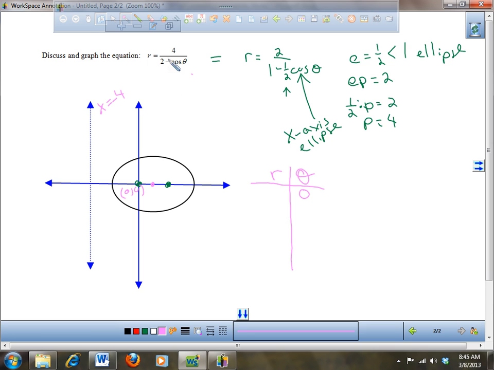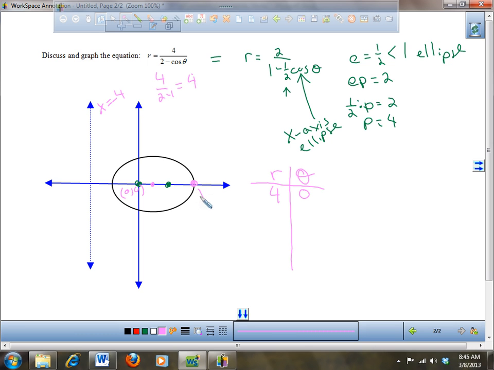When I plug in 0 in here, I get 4 over 2 minus cosine of 0. What's the cosine of 0? 1. So I get 4 over 2 minus 1, which is 4. So on this graph, I have a point that is out 4 on the polar axis, at angle 0.